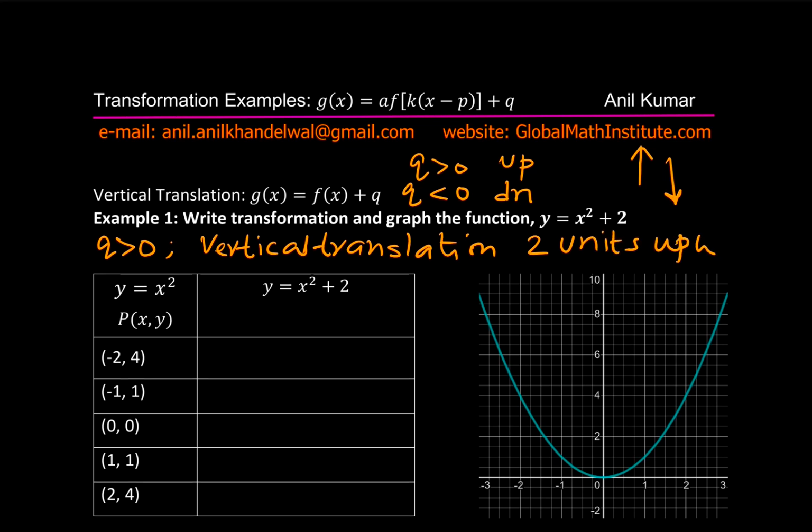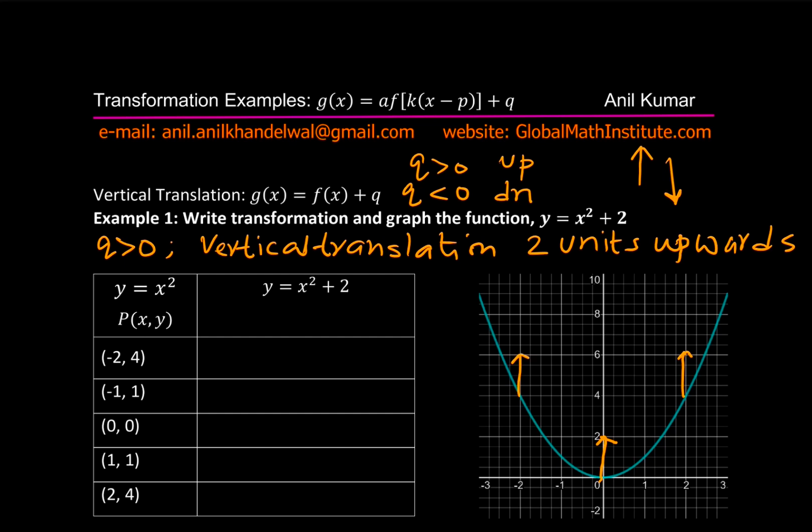So that is how we are going to describe the transformation. Now, when a vertical translation takes place, every point on the graph will actually be moving upwards by 2 units. So we can take a few critical points and move them by 2 units and sketch our graph. That's the whole idea.